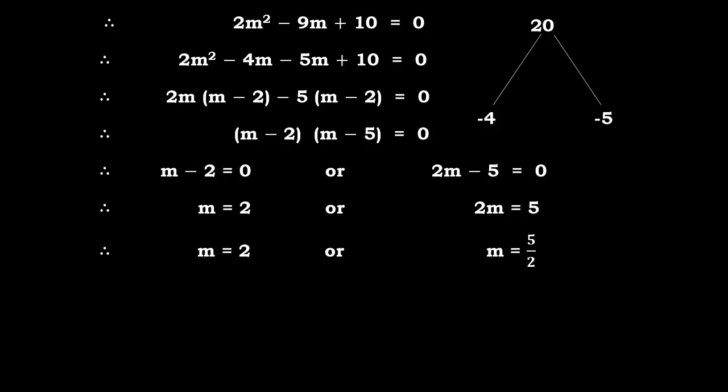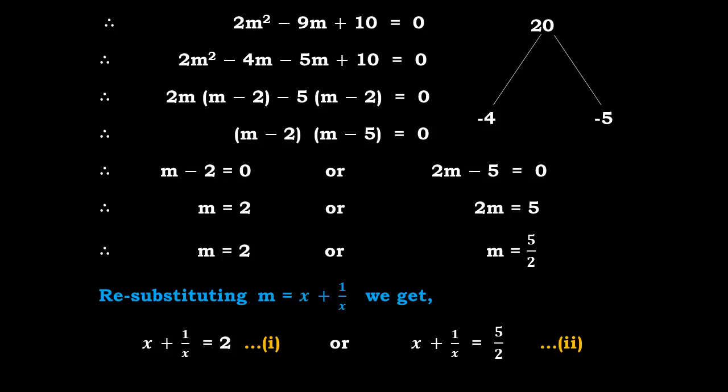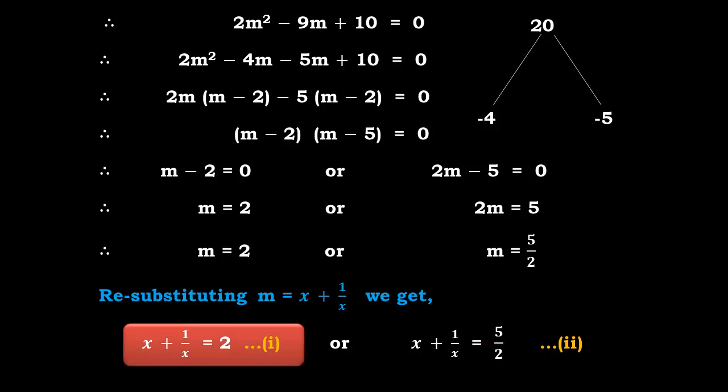See, we have the value of m. Now re-substituting m, we get m is x + 1/x. So x + 1/x = 2, equation number 1, or x + 1/x = 5/2, equation number 2. Now we have to solve both the equations.